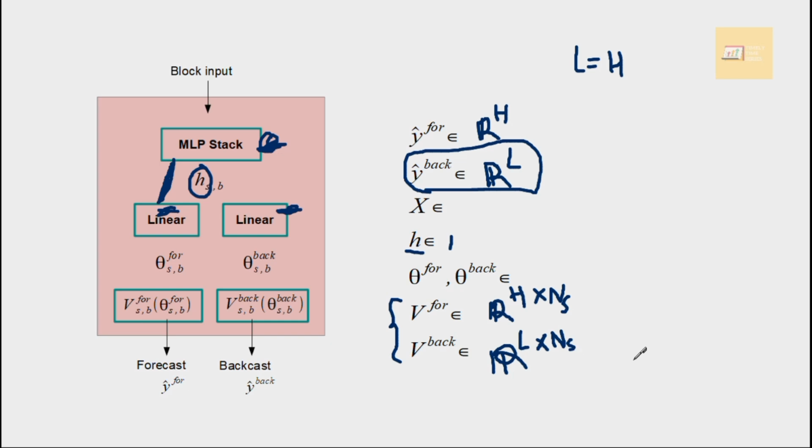NS is the total features that I talked about a few minutes ago, the total features that we need to use to determine the value at each time point in the forecast or backcast array. So y equals V times theta. Looking at this equation, you might have guessed the length of theta. The theta forecast and theta backcast have the same length, and the length is NS.